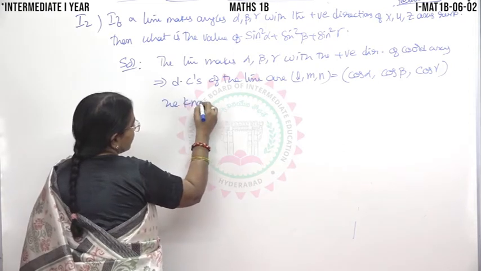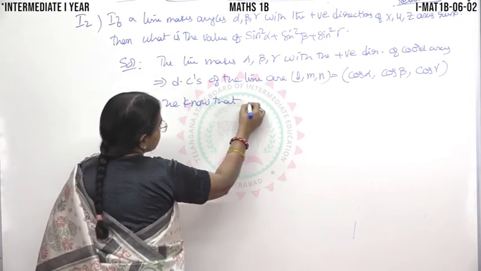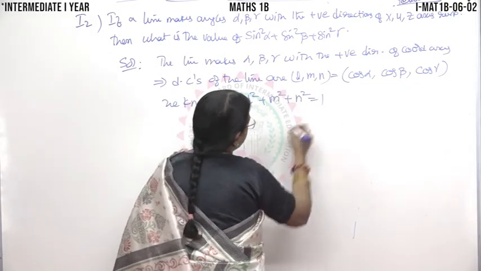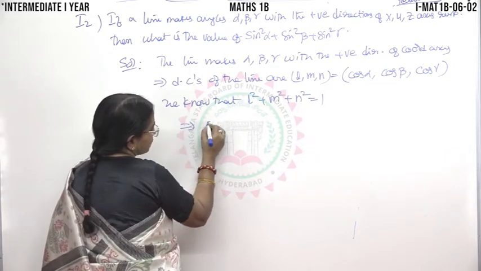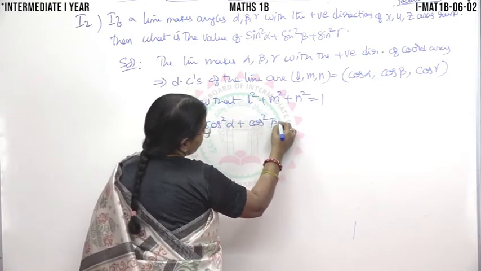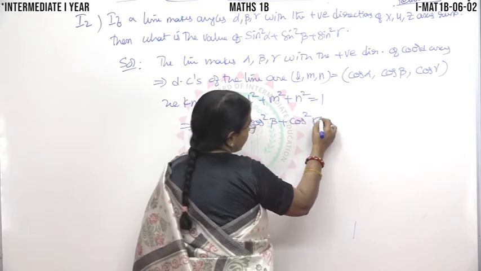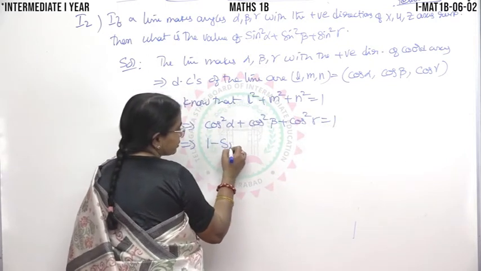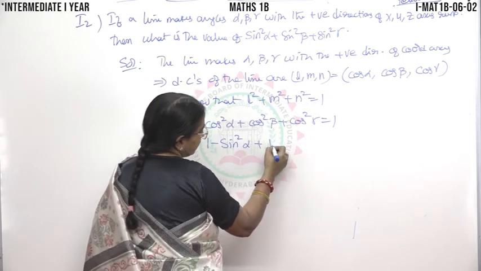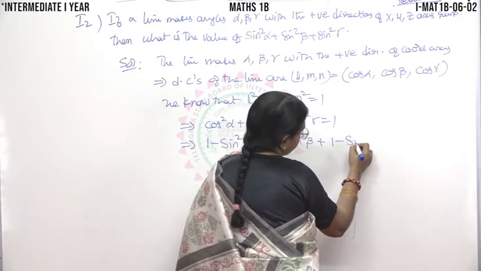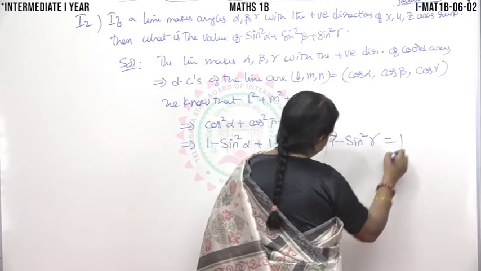So we know that property. What is the property? We know that L square plus M square plus N square is equal to 1. So we'll substitute: cos square alpha plus cos square beta plus cos square gamma is equal to 1. We'll convert it to sine: 1 minus sine square alpha plus 1 minus sine square beta plus 1 minus sine square gamma is equal to 1.